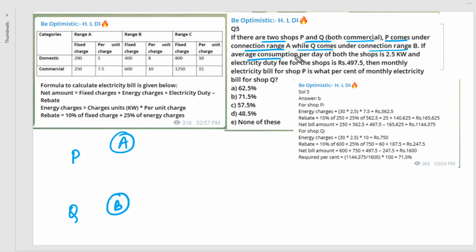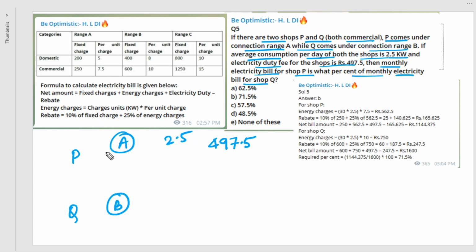Now the average consumption per day of both the shops is 2.5 kilowatts, okay, so 2.5 kilowatt, and electricity duty fee of the shop is 497.5. Then monthly electricity bill for shop P is what percent of monthly electricity bill of shop Q? Okay, so this is a little bit calculative, and you can calculate it easily.